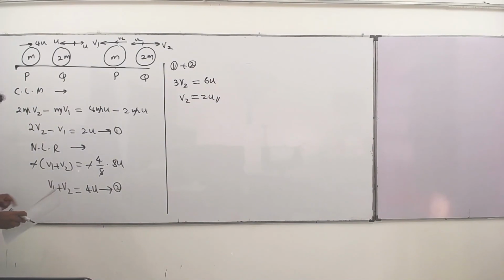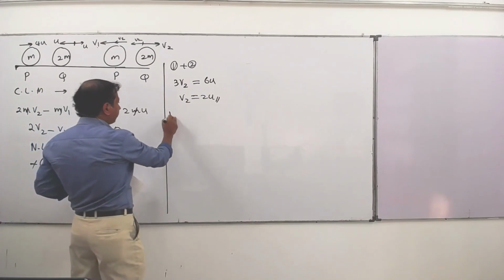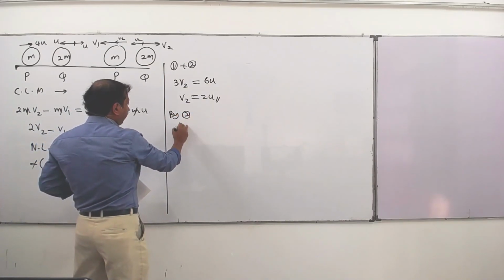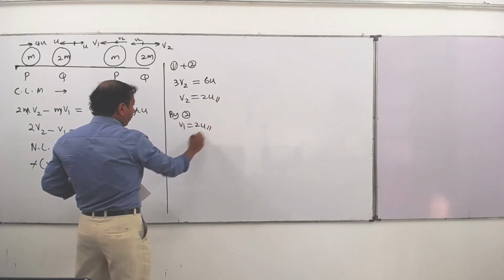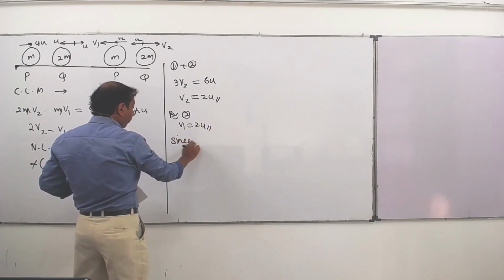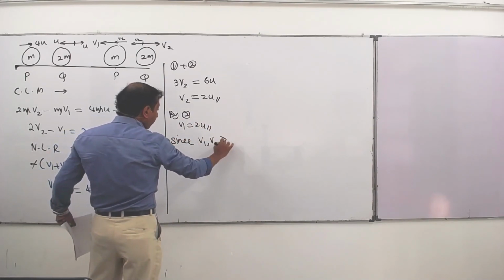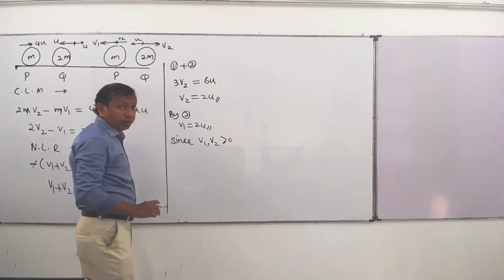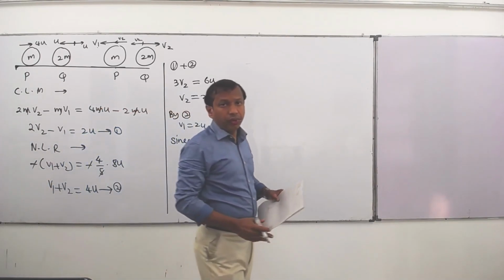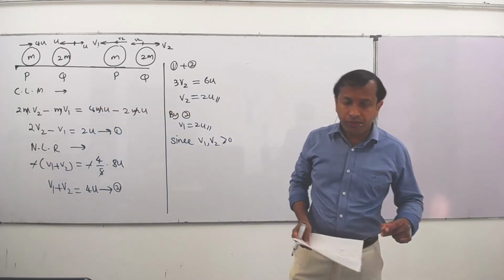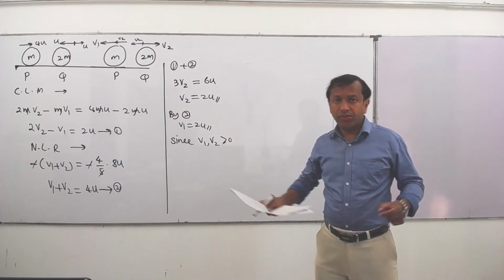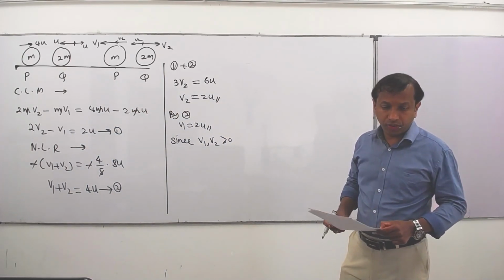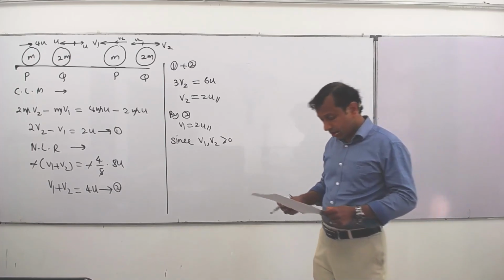If V2 equals 2u, V1 is also 2u. Now you can write, since V1 and V2 are both positive, the spheres move after impact away from each other.